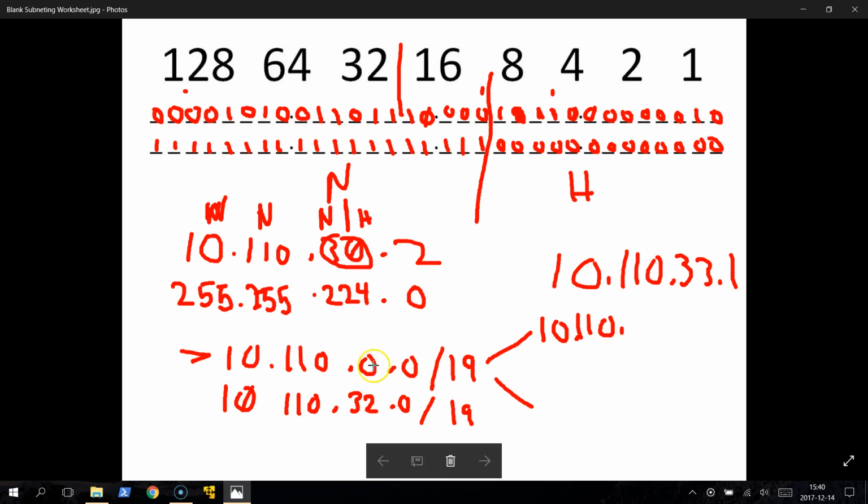Well, here's the host one. If I just turn the very last bit on, that would be the first legitimate IP, .1. And we can count from there, .2, .3, .4, .5, .6. We'd keep going all the way to the last IP.